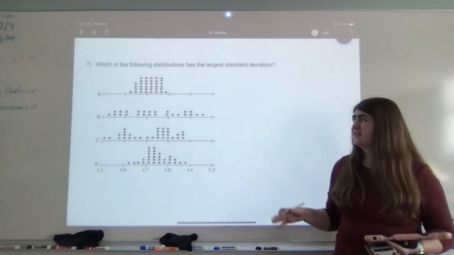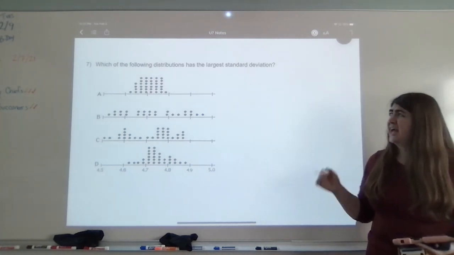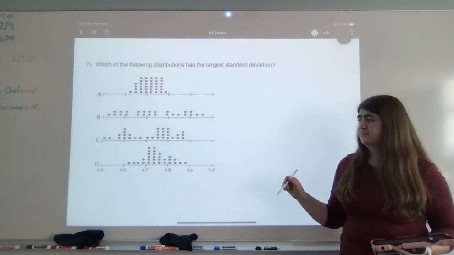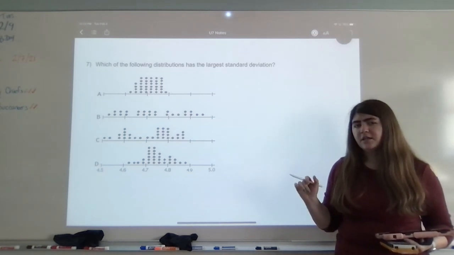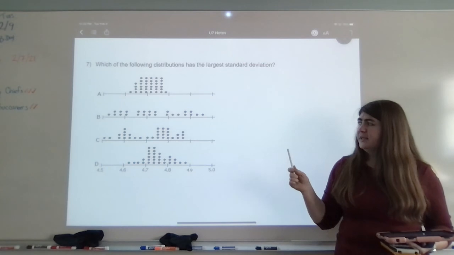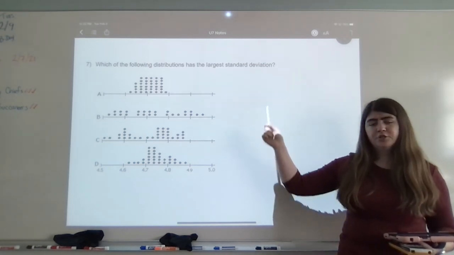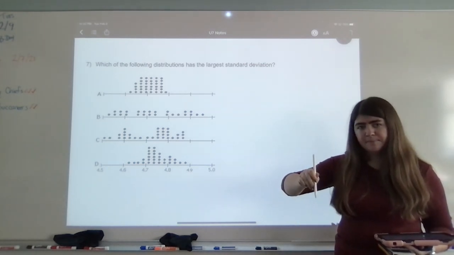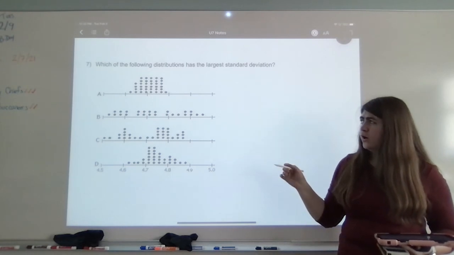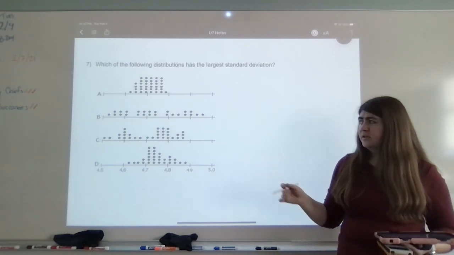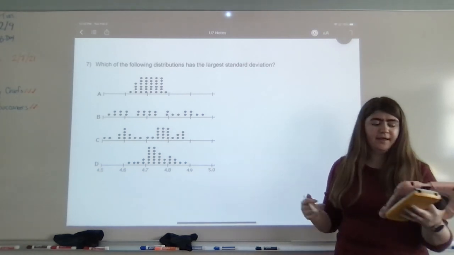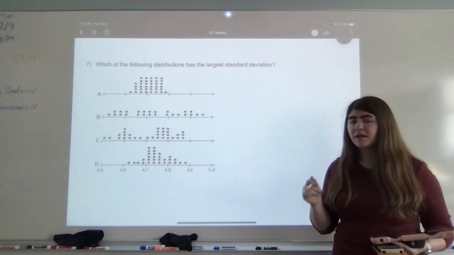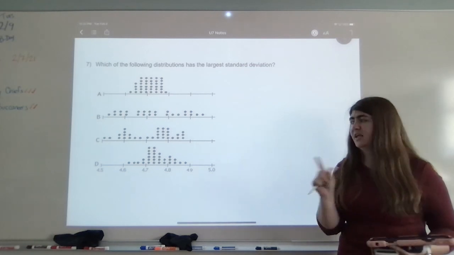Question 7 says, which of the following distributions has the largest standard deviation? So remember that standard deviation means that you're calculating the difference from each data point to the mean. So we are looking for data that is spread out really far away from the mean, and that is going to have the largest standard deviation because there's the greatest difference in data points.